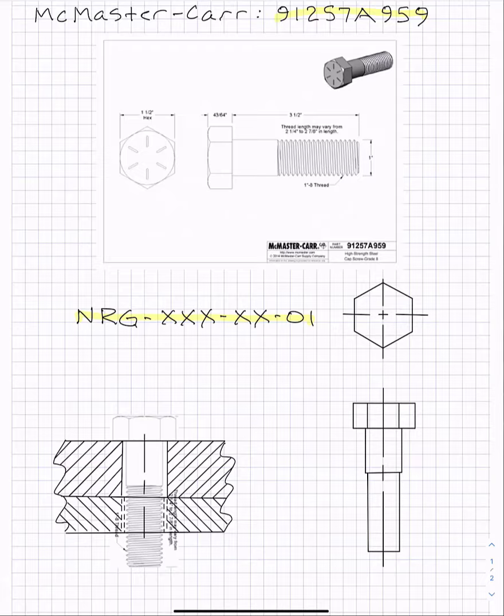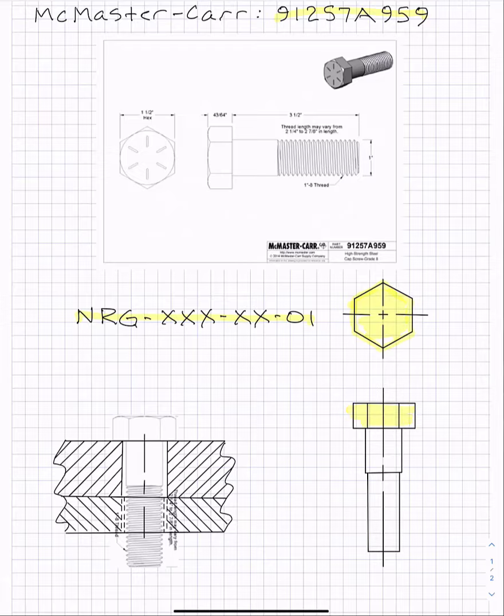Now we're not going to make a full manufacturing model with all the chamfers and the fillets and the threads, all the intricate features. We're going to do a very simplified assembly design model. It's only going to have 3 features. The first feature will be the hex head. We're going to sketch this shape right here, and we're going to extrude it to make the hex head.